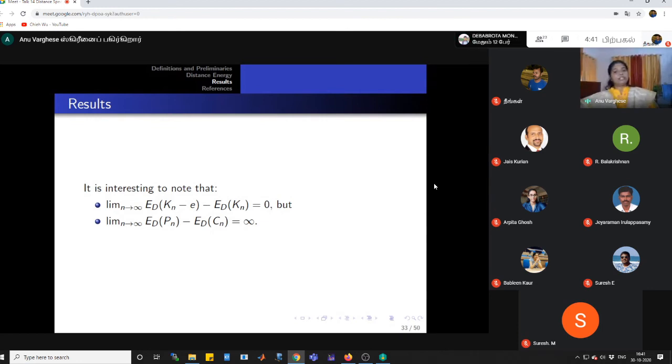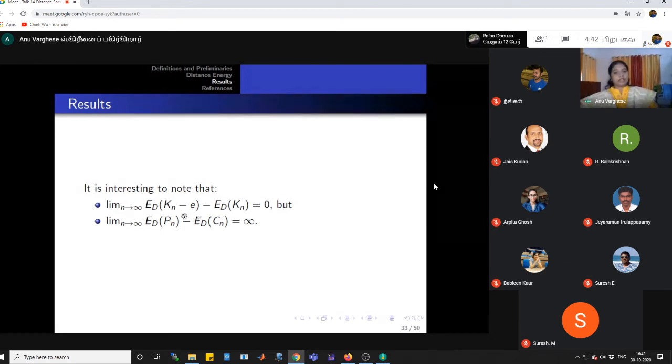The distance between these two vertices will be 50. So, sorry, not 50, it is 100. So the deletion of the edge affects different graphs differently. In both graphs, edge deletion increases distance energy, but that increase is different.